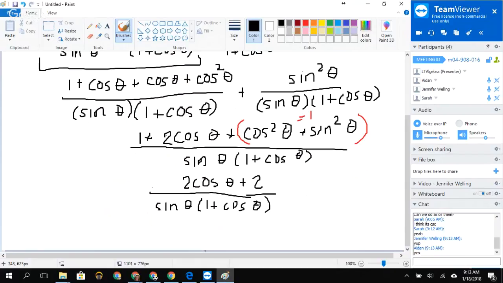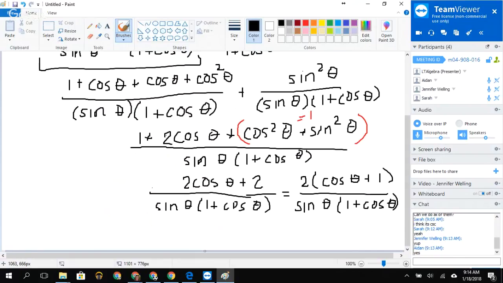So if I pull 2 out of that, I'm left with cosine theta plus 1 over the sine of theta times 1 plus the cosine of theta. That's convenient, right? Because I have the 1 plus the cosine of theta in the numerator and the denominator, I can go ahead and cross those off, which makes me really happy.